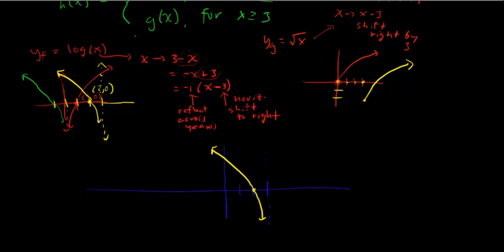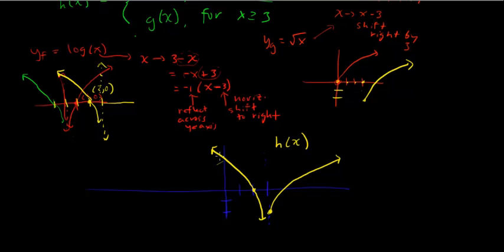And then starting here at -2, now I'm copying this part for x greater than or equal to 3, has a point right here, and then it goes up to the right. Okay, so this is our function h of x. So we graphed that.